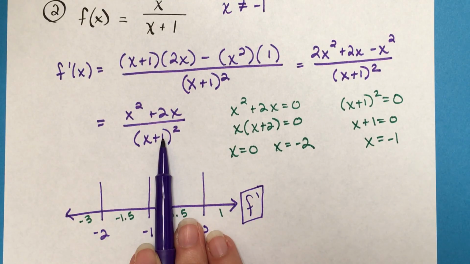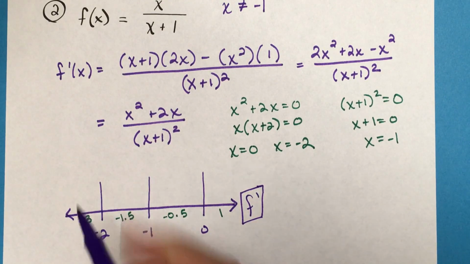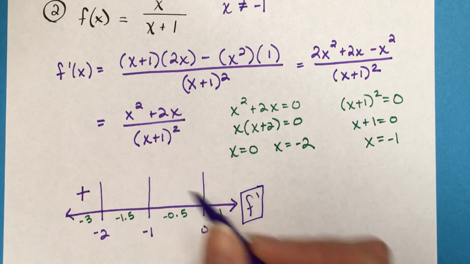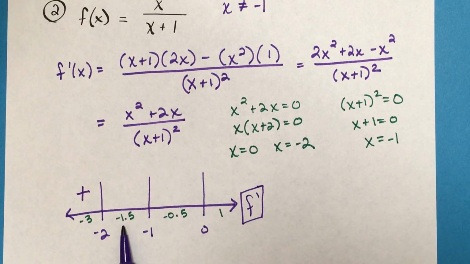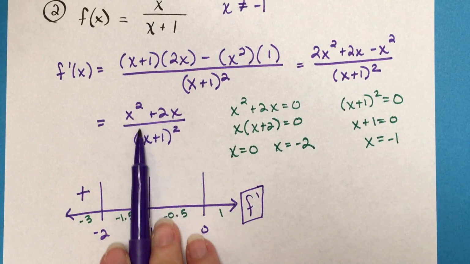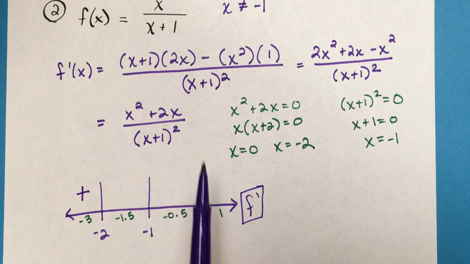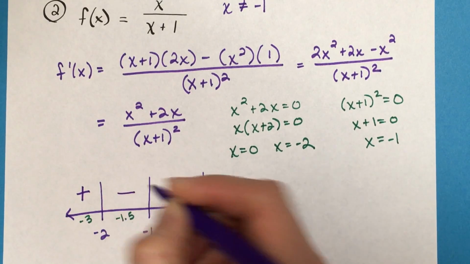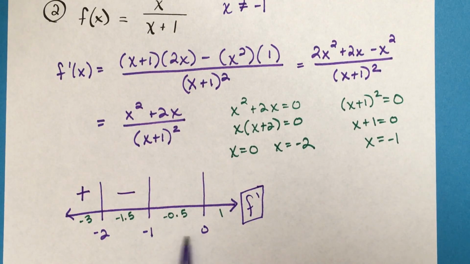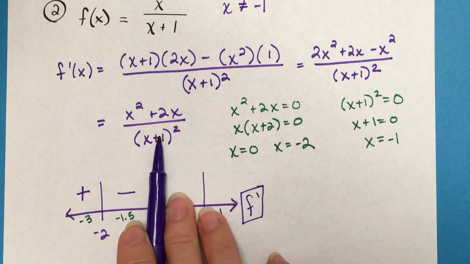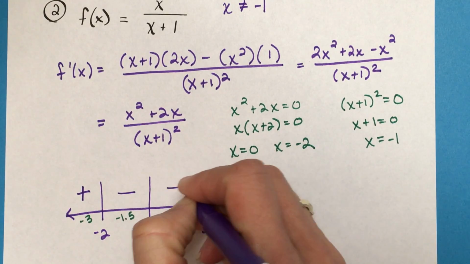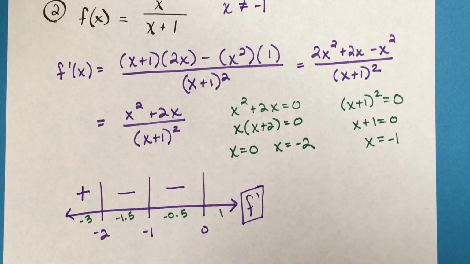But this is going to give you something that's going to be positive. And then if you substitute in the negative 1.5 into your first derivative, you're going to get something that's going to be negative. And then between the negative 1 and the 0, I've got negative 0.5. So you substitute this into your first derivative, you're going to get another section that's negative.